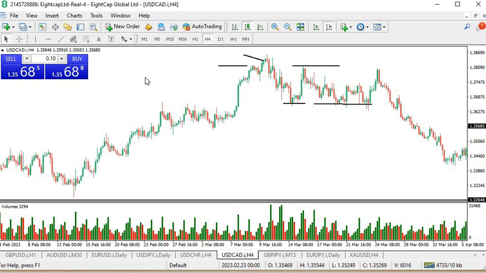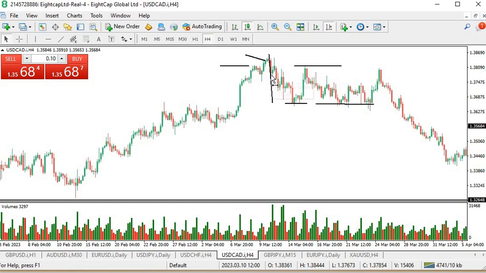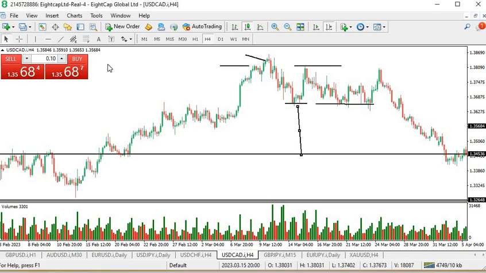This would have been our first target, and later we will target the space it took for the pattern to form, and that can be our second take profit area. Let's say this one right here was our second take profit area.